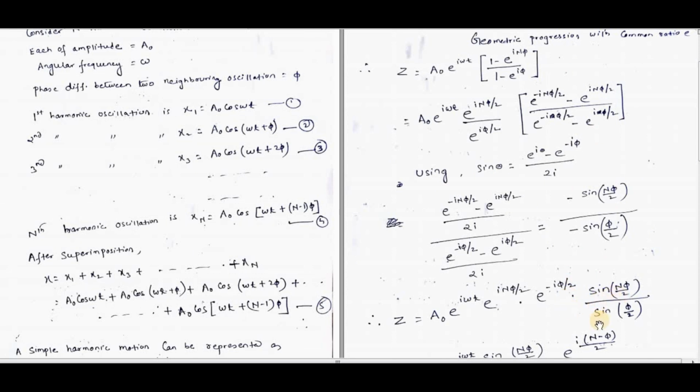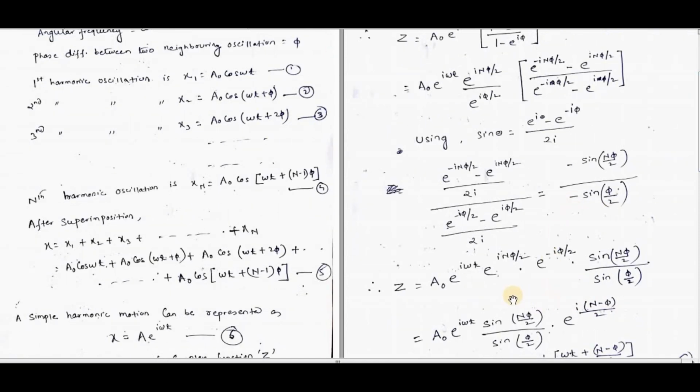Sin n phi by 2 divided by sin phi by 2. The minus sign will cancel out. So what you are left with is a0 e to the power i omega t, e to the power i n phi by 2 into e to the power minus i phi by 2, and sin n phi by 2 divided by sin phi by 2.